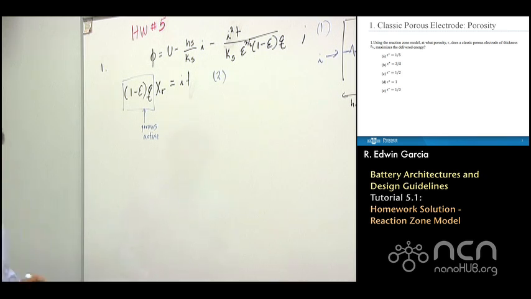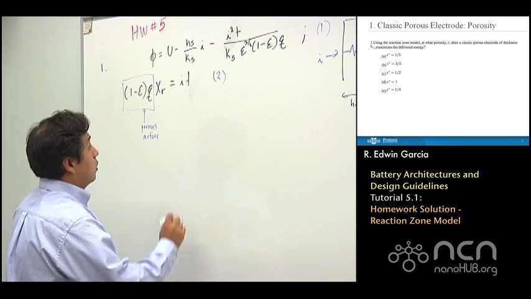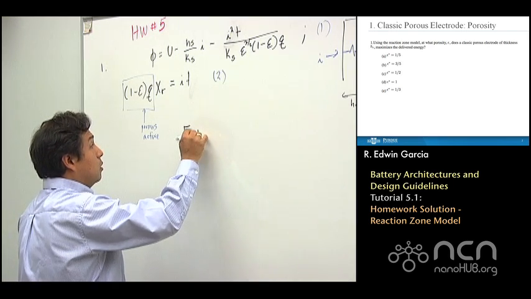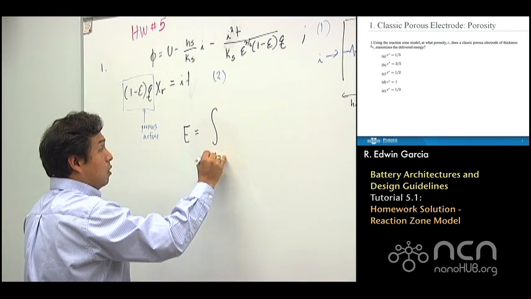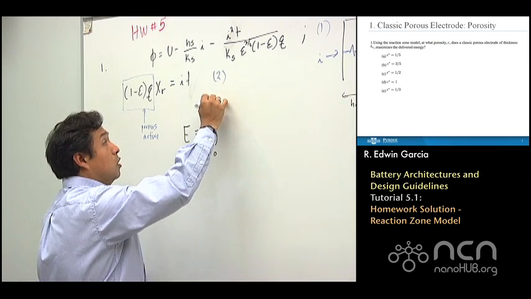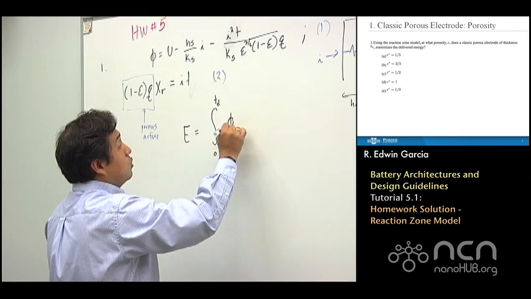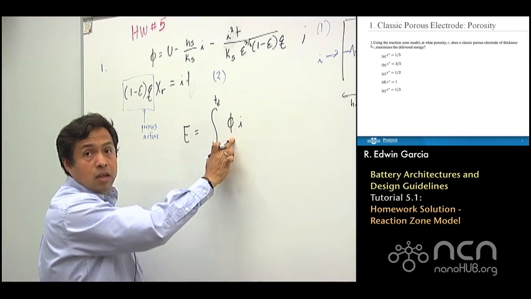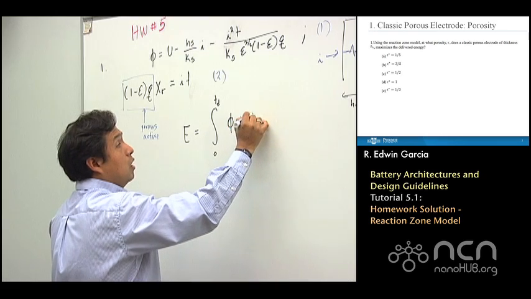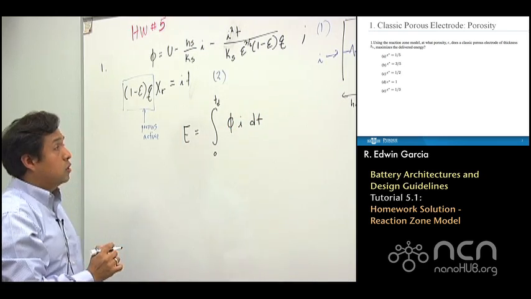And if you do that, the energy of the system conceptually corresponds to the integral from 0, the instant that the battery starts to be discharged, to t equals t sub D, the discharge time, of the voltage times the current. This gives us the power of the battery integrated over the entire time, from 0 until it discharges.